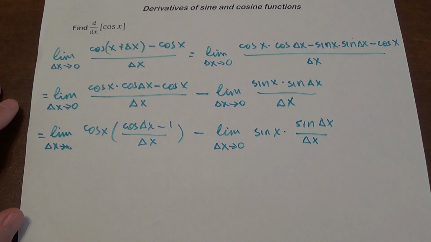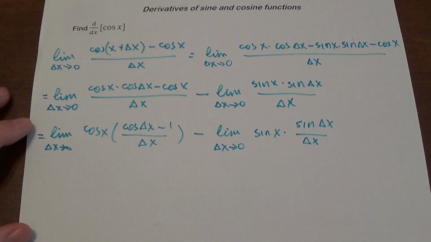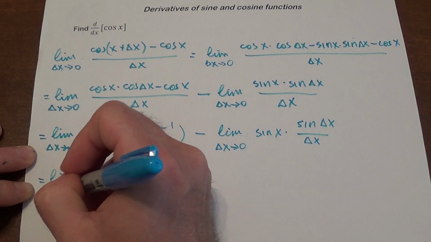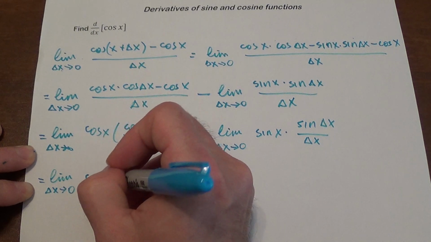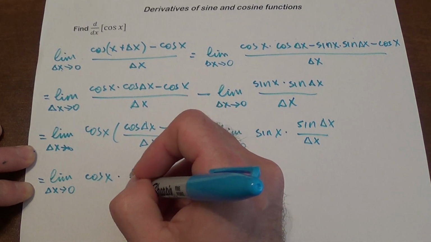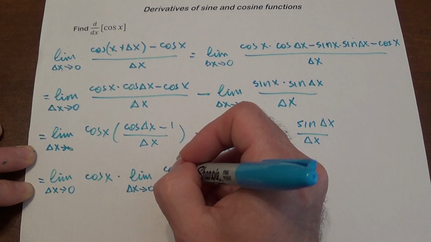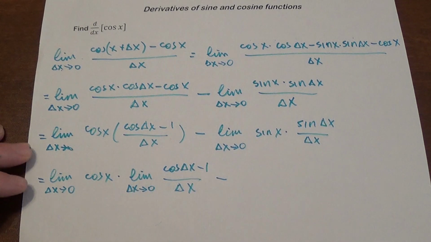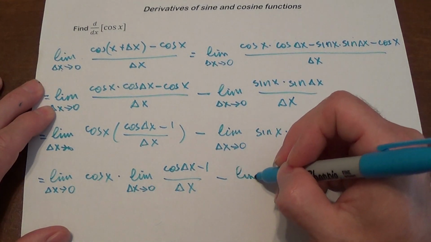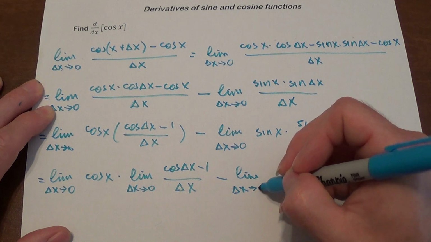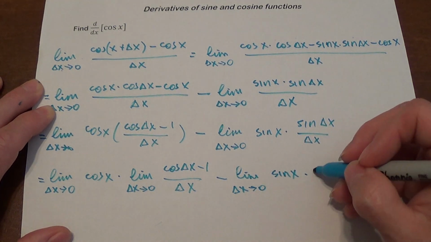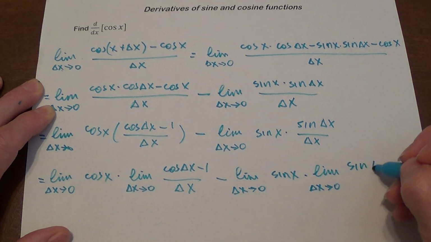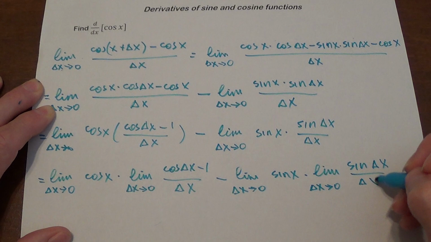Okay, and we're going to use the fact that the limit of a product is the product of limits, so we can write the limit as delta x approaches 0 of cosine x times the limit as delta x approaches 0 of cosine delta x minus 1 divided by delta x, minus the limit as delta x approaches 0 of sine x times the limit as delta x approaches 0 of sine delta x divided by delta x.